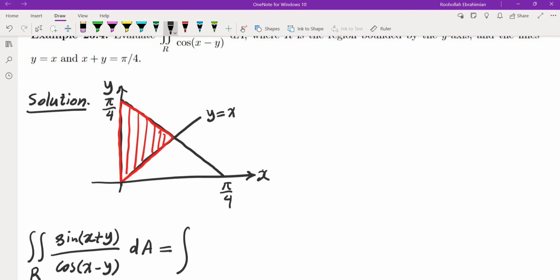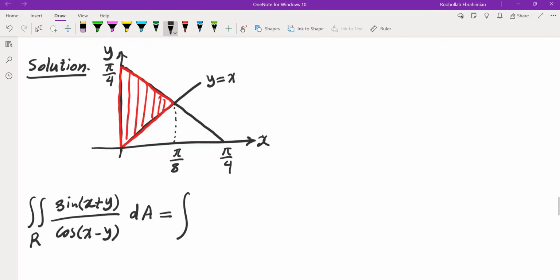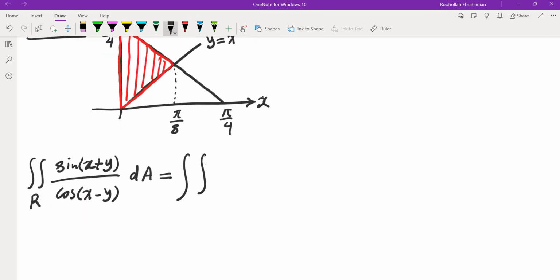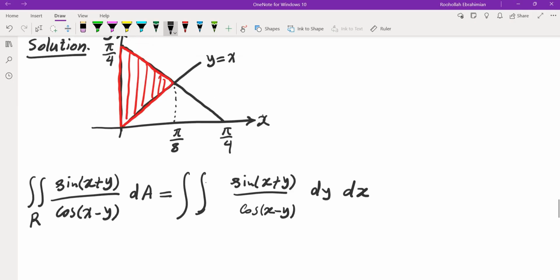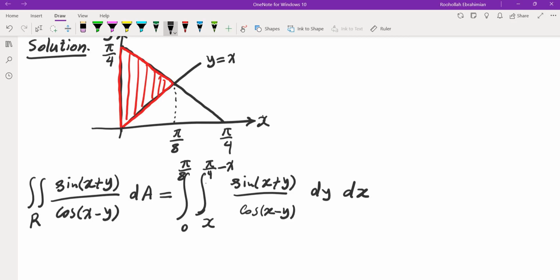So the intersection of these two would be pi over 8. So because it's a vertically simple region, we could do dy dx. Now, what are the limits of y? The limits of y are from bottom, which is y equals x, to top, which is y equals pi over 4 minus x. And limits of x are from 0 to pi over 8.